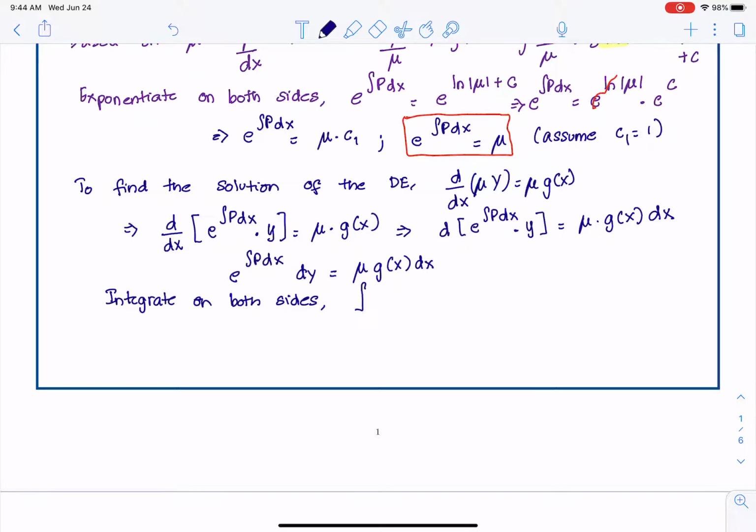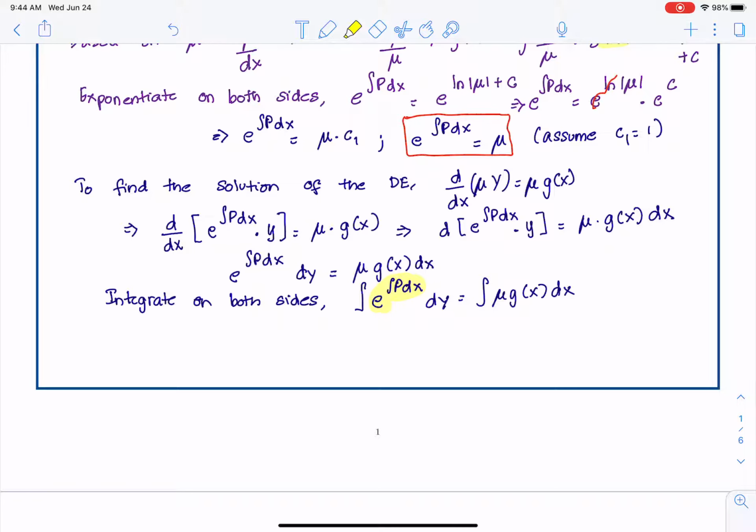So I would have integral e raised integral p dx times dy equals integral mu times g of x dx. Now, as I mentioned, we are integrating with respect to y, and that part right there is a function of x.